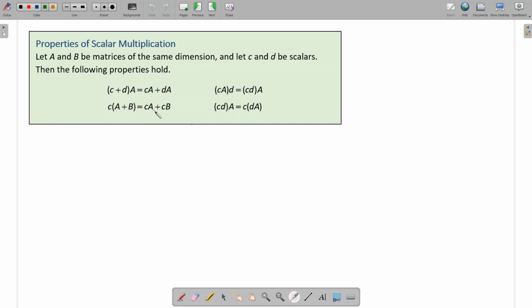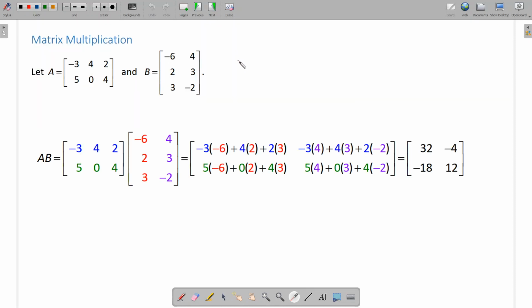So pretty much what we would expect. We also have some associative properties. This says if you're going to do scalar multiplication followed by another scalar multiplication, you could just multiply the two scalars together first and then do the multiplication on the matrix. And then this is just another version of that associative property. This basically just tells us scalar multiplication behaves nicely and it behaves the way we would expect.